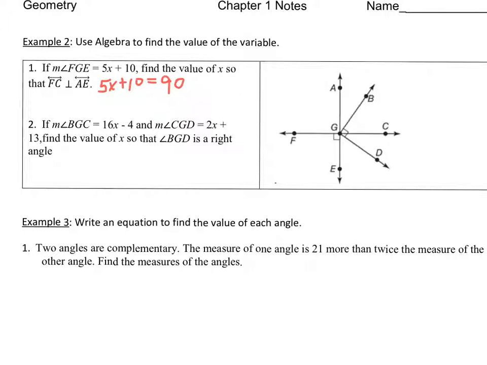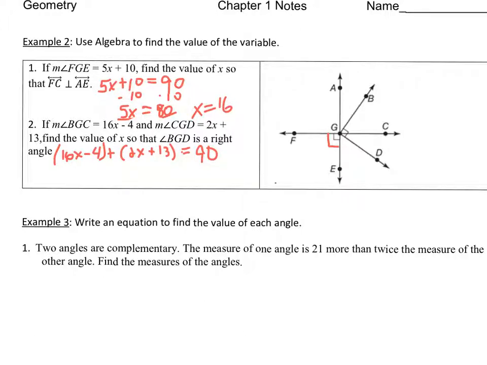So that tells us that our angle measure here is going to be 90 degrees, and it's also equal to 5x plus 10, so I can solve for x by isolating my variable. If I subtract 10 on both sides of my equation using the subtraction property of equality, I would then have 80 there. I could divide both sides by 5, and I would get x is equal to 16.